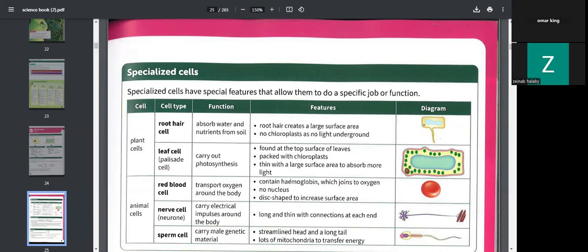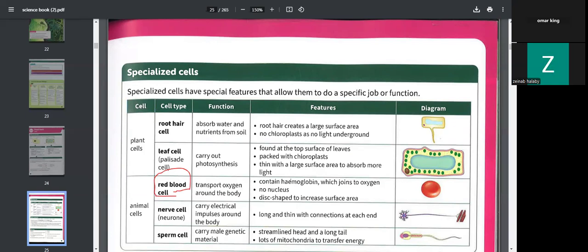Number two, the leaf cell, which is the palisade cell, carries out the photosynthesis process. It is found at the top surface of leaves, packed with chloroplasts, thin with a large surface area to absorb more sunlight, so it can carry out photosynthesis. Animal cells: the red blood cell transports oxygen around the body.